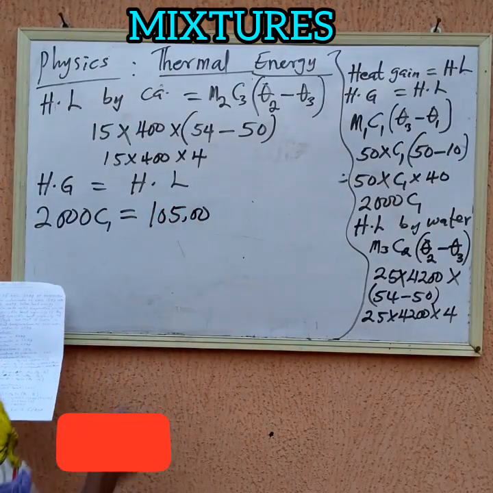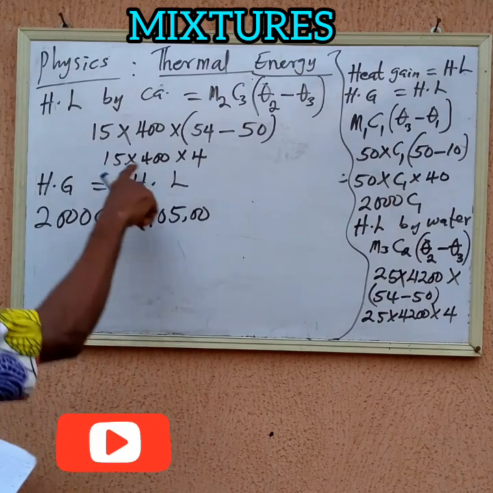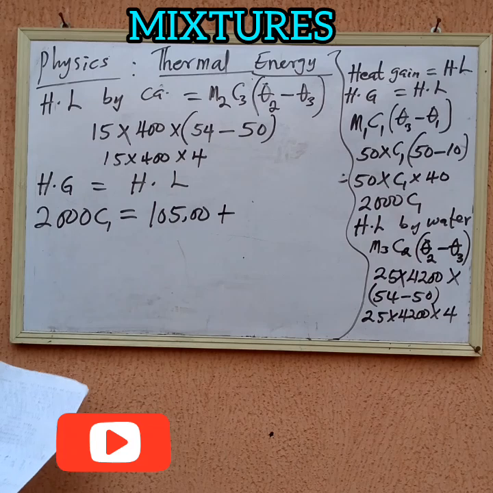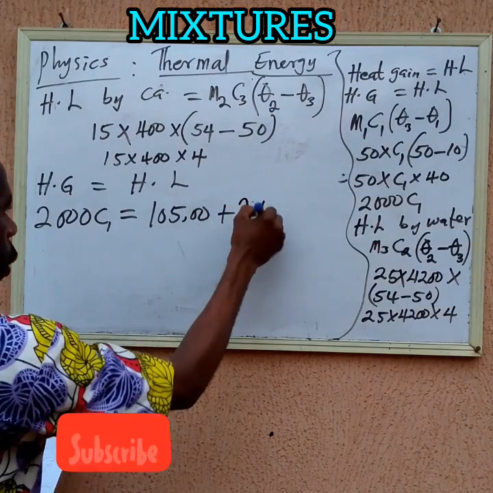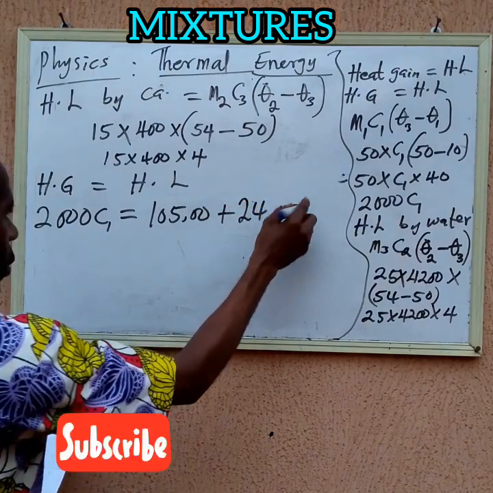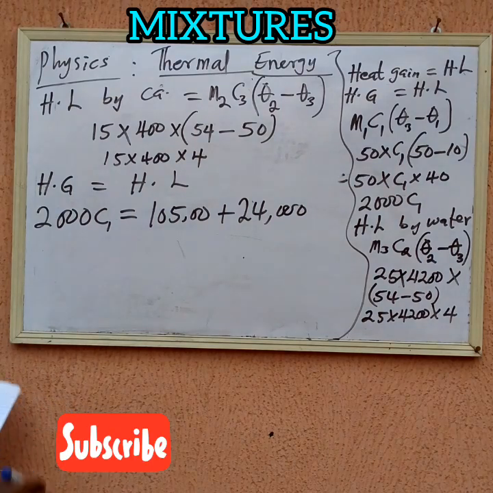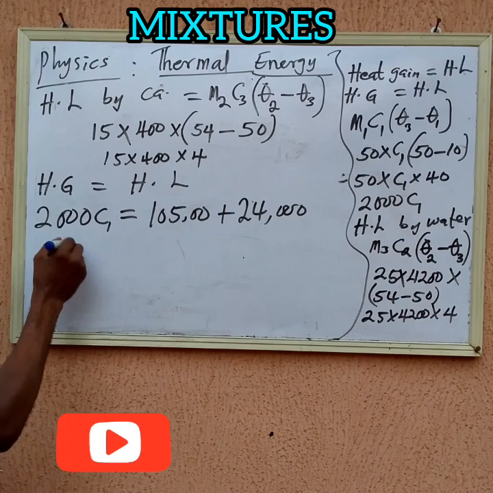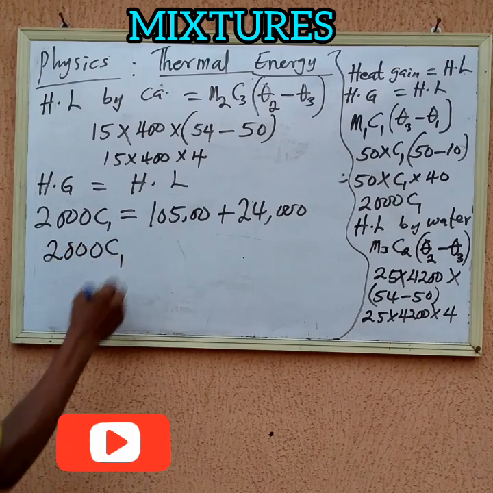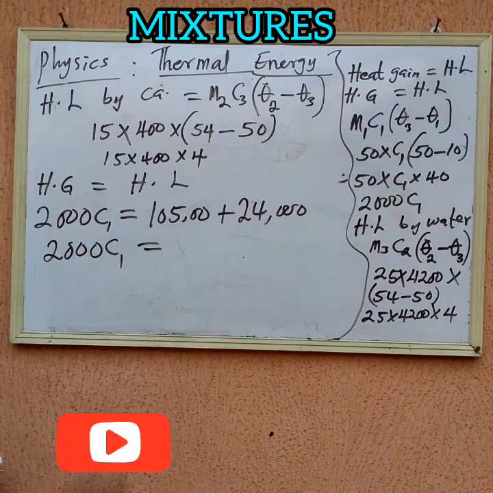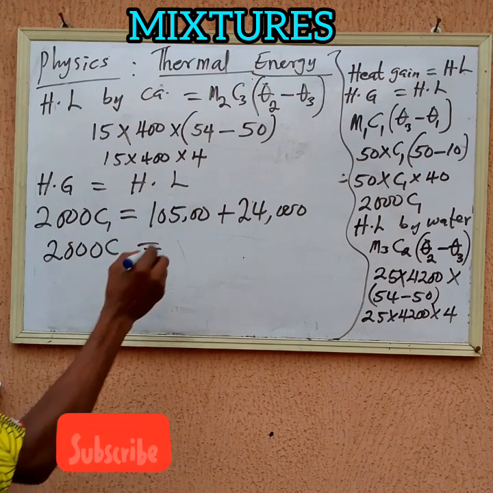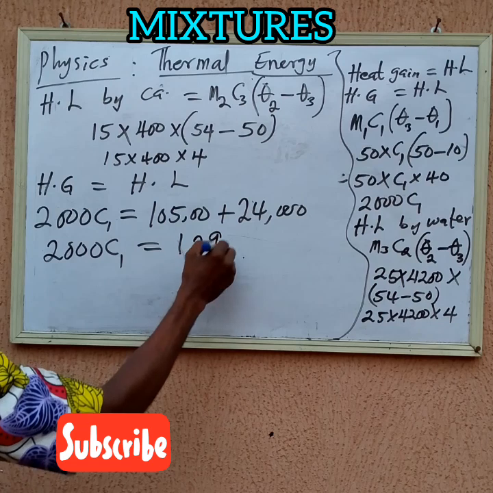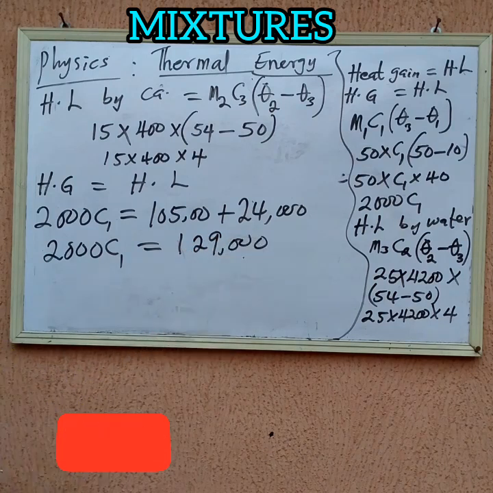It gives us 105,000. Then let's multiply the other one, 15 times 400 times 4. It's going to give us plus 24,000. Let us add both of them. So we have 2,000 C1 equal to 129,000.